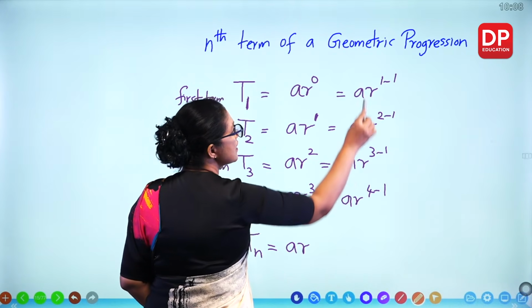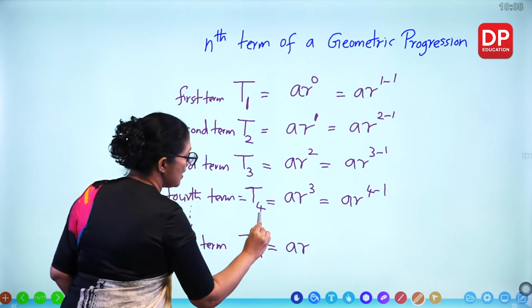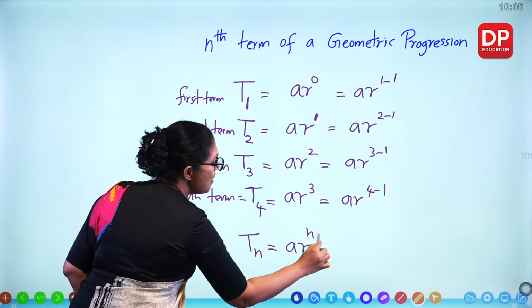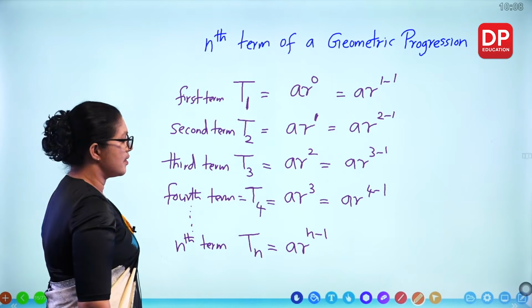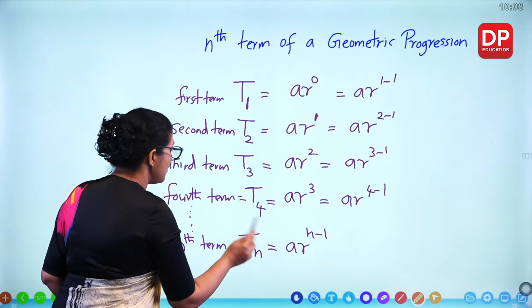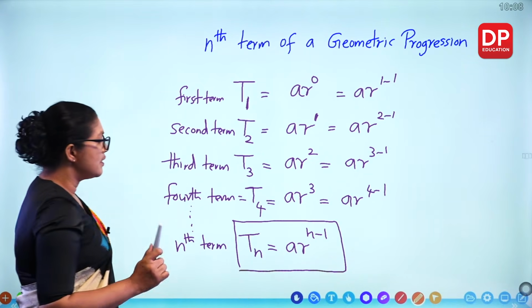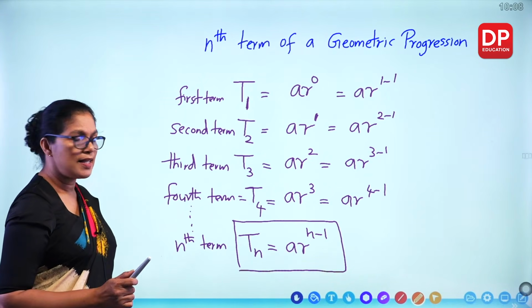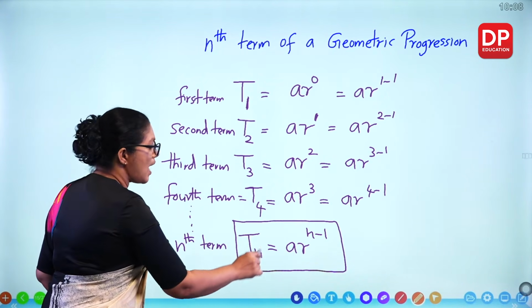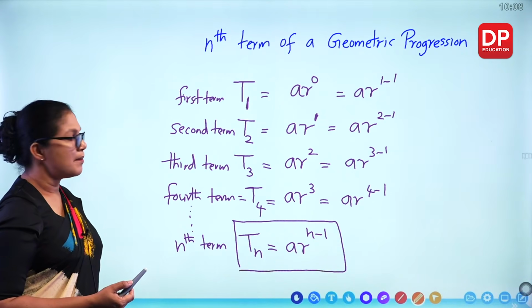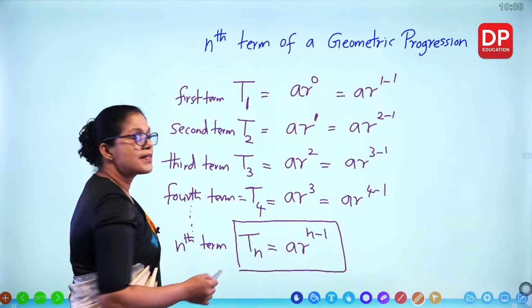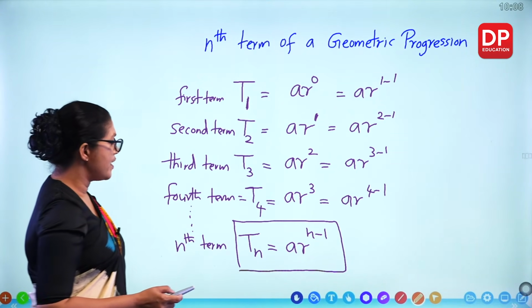What's the pattern? This number is n minus 1. So if you see the pattern, you can easily get this formula. This formula represents how to find any nth term by using the first term and the common ratio.